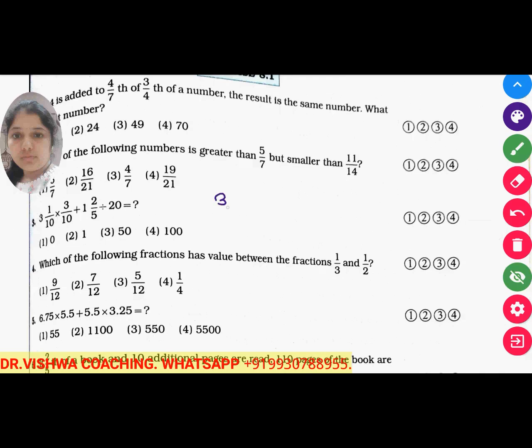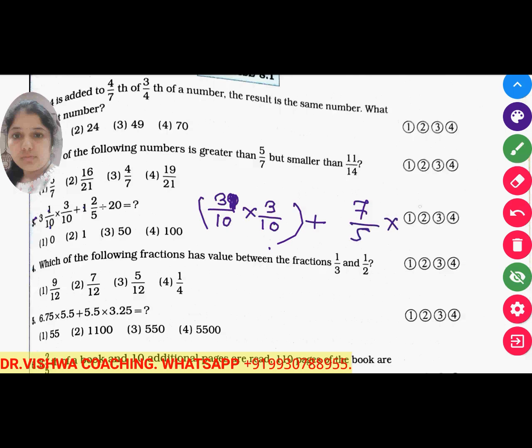So 3 and 1/10 is 30/10 plus 1, 31/10. 31/10 into 3/10 plus 1 and 2/5, 5 1s are 5, 7/5.